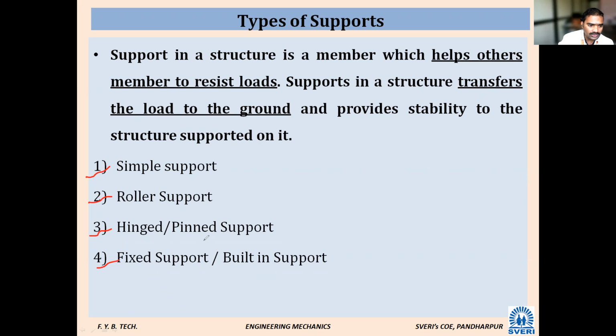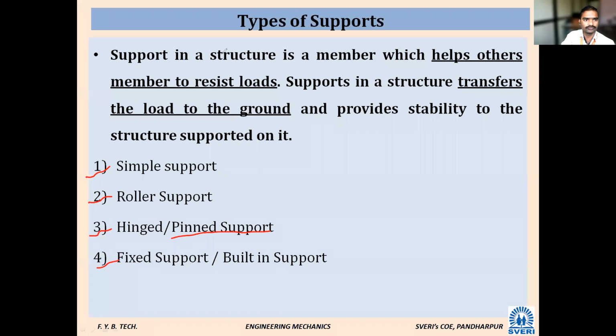This hinged support is also known as pinned support. Hinged support or pinned support, both are the same. Next one is fixed support or built-in support.